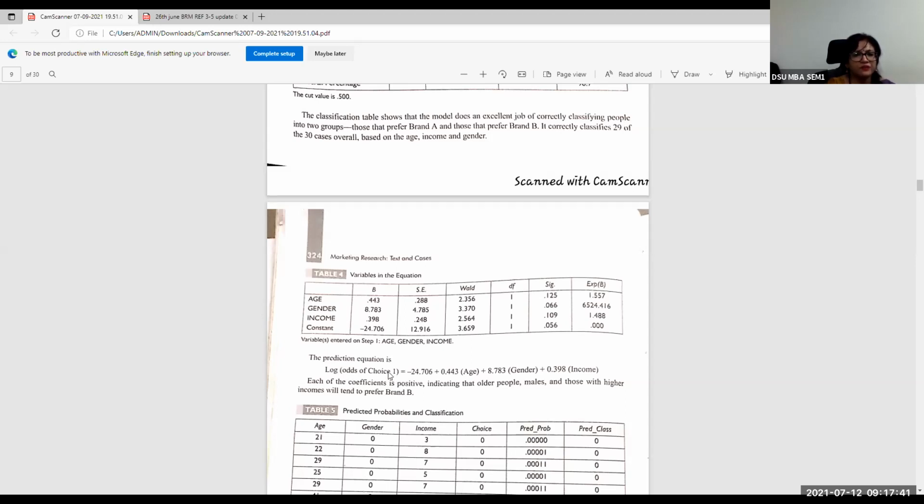So probability, say for a coin throwing up heads is 0.5, and the probability of a tail coming up is what? It also has a probability of 0.5, because the total probability is 1, right? But if you take away the probability of heads coming up, 1 minus 0.5 is equal to 0.5, and odds is defined as 0.5 divided by 0.5. So you cannot have the probability of something exceeding 1.